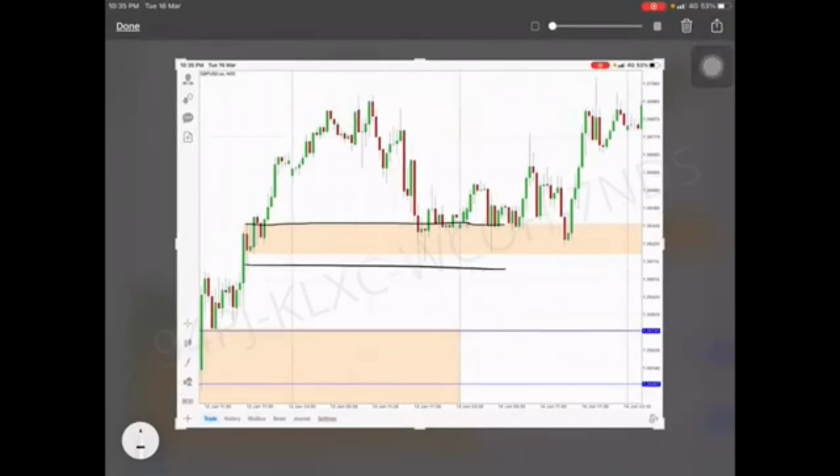Okay, so is there a sideways pullback? Yes. Is there a sideways in the zone? Yes. Is there a breakout outside of the zone? So then you can entry. Is it clear? Yeah. Okay.